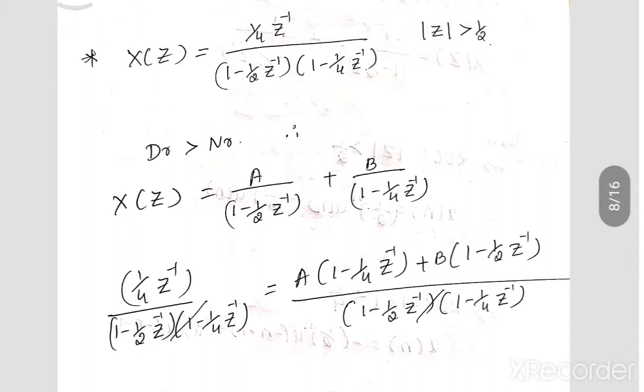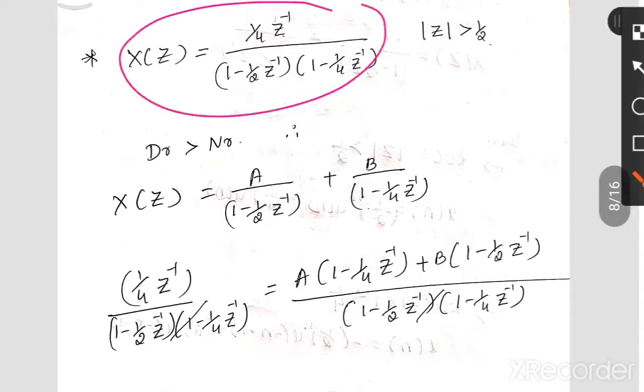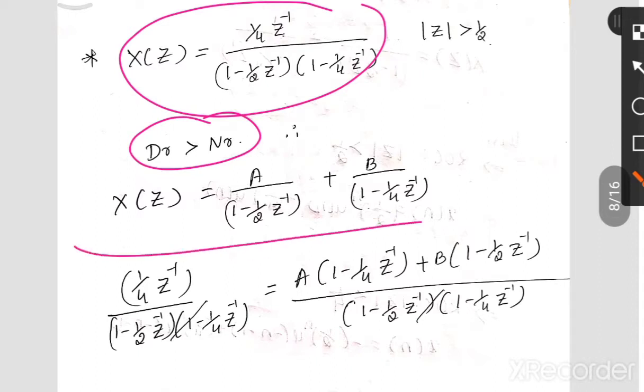First, let's concentrate on getting the inverse of this. Since the order of z in the denominator is greater than in the numerator, we can go for normal partial fractions, that is X(z) equals A divided by one factor plus B divided by another factor.